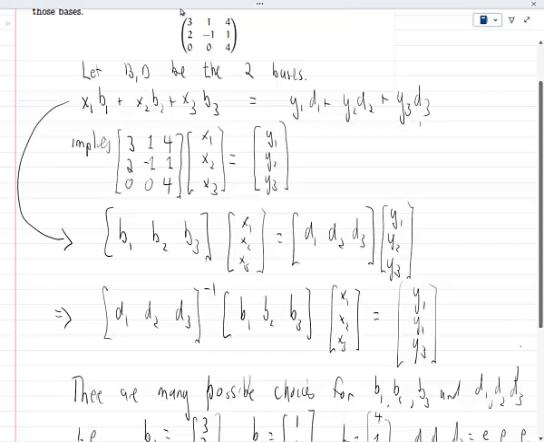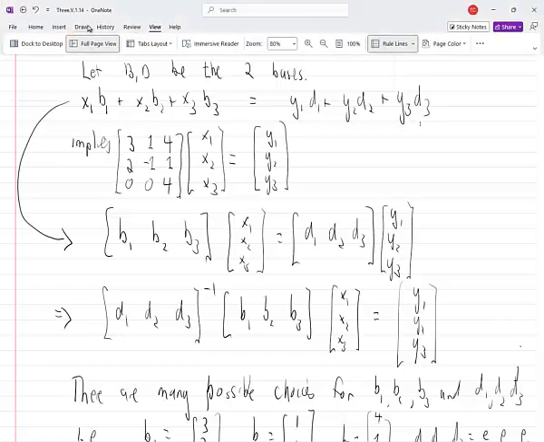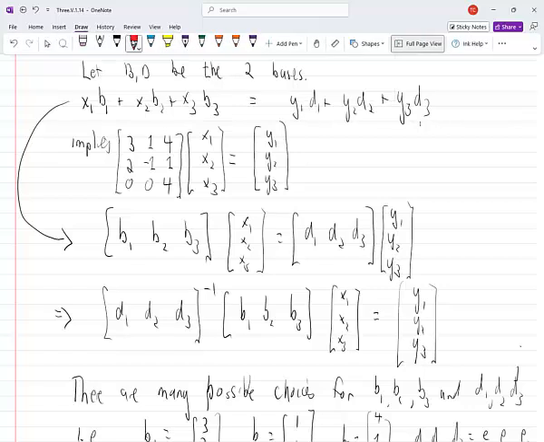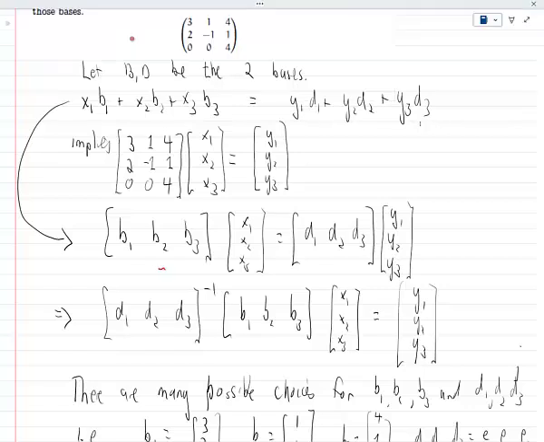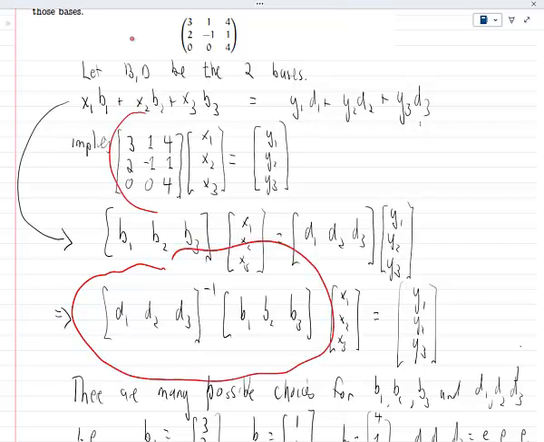Let me just use a different color just to point it out. We can relate this matrix here with this matrix here, right? It's the same matrix. Okay. So all I need to do is choose b1, b2, b3, d1, d2, d3 to get this matrix.